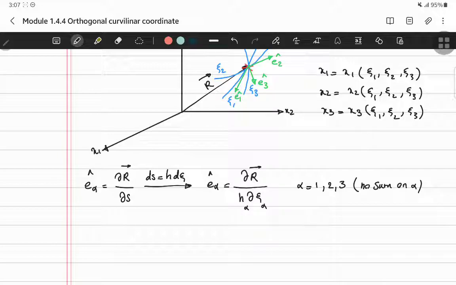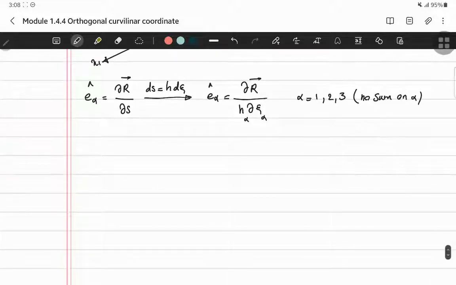We already said that we sum on the dummy indices, but here we do not sum. So I put this in here to make you aware that this is not a sum. So basically it is something like this, and alpha goes from 1 to 3.